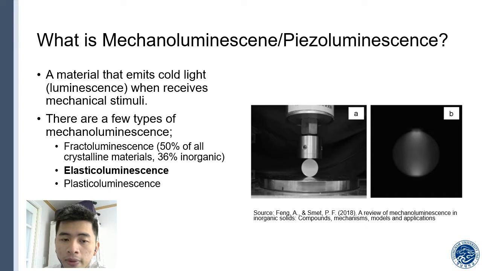That's quite a lot, but fractoluminescence is not quite applicable since it is only one-time luminescence, and we have to reconstruct it again, or it requires new material and so on. So what we are going to focus on is this elastoluminescence.